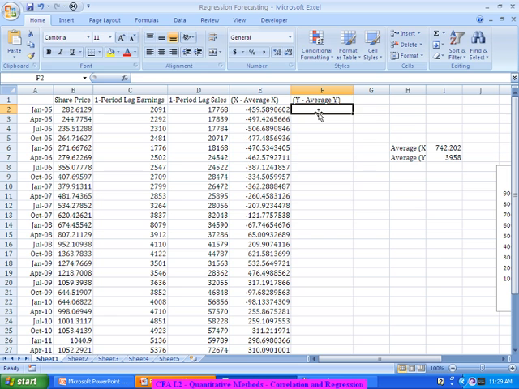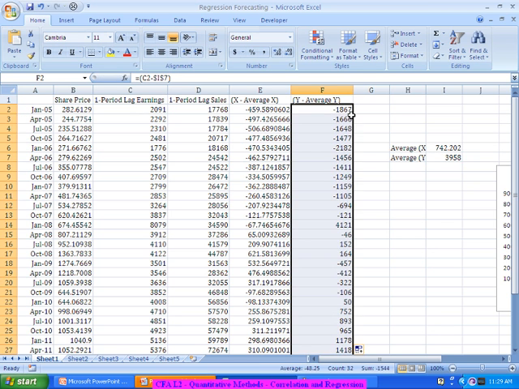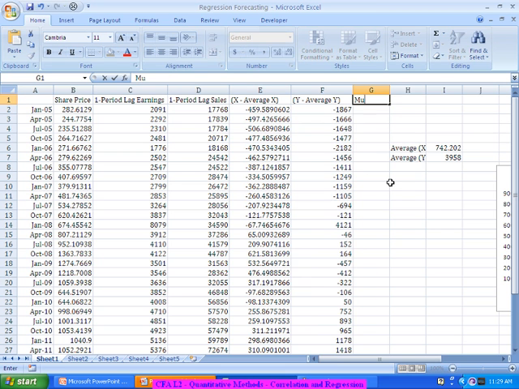Similarly, I am doing y minus average of y. So every element I am subtracting from the mean. That's how we are doing it. So x minus average of x into y minus average of y divided by n minus 1. So that's where I am looking at the multiplication of those two.